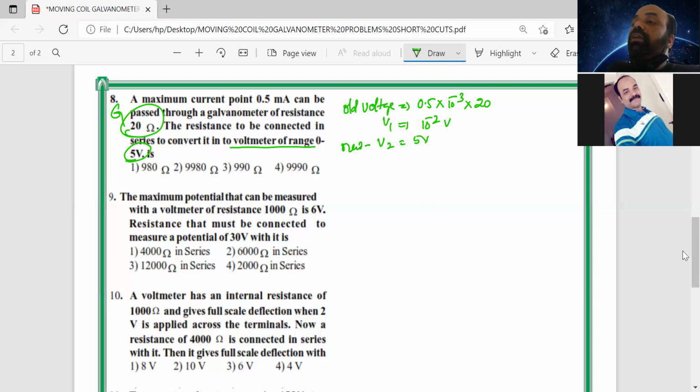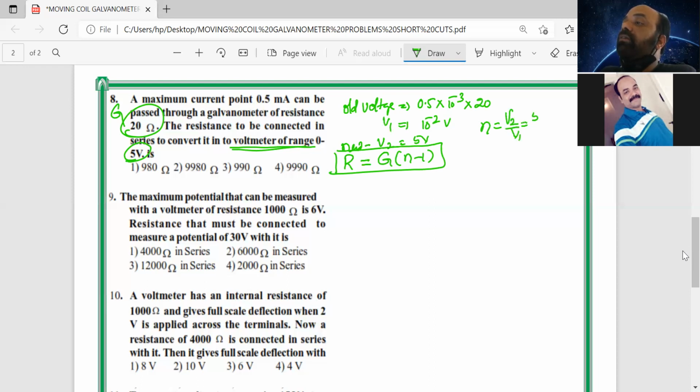Here it is a voltmeter, so the new resistance value we can write with the shortcut formula, G into n minus 1. The n value is new voltage by old voltage. New voltage is 5, old voltage is 10 power minus 2, so it becomes 500.